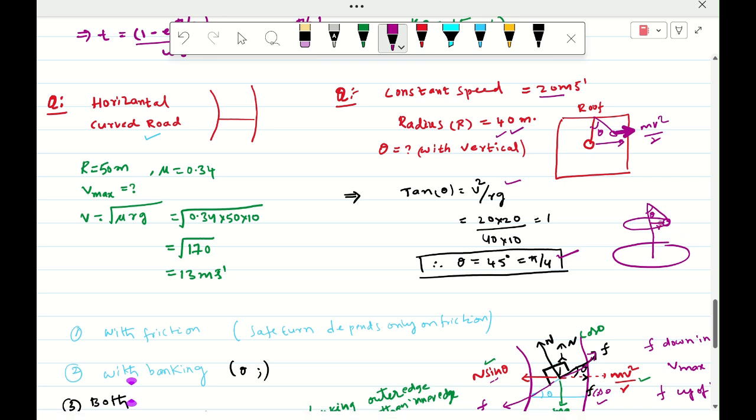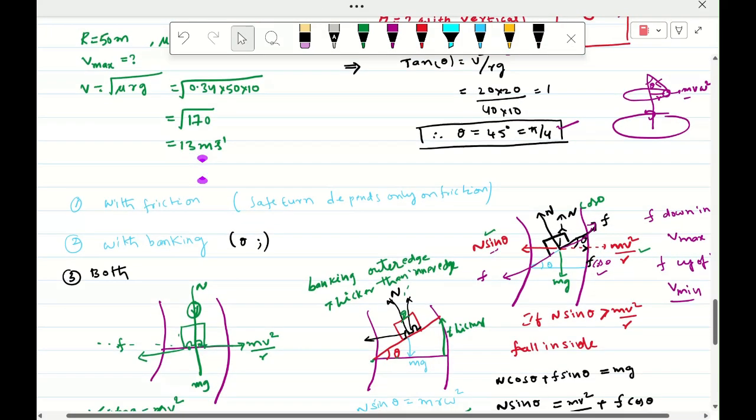Because of this velocity it will get m r omega square outwards, mv square by r, which will be equal to T sin theta. Now substitute and you will get the answer. And sometimes here r plus l sin theta also will come, so I use one more problem.